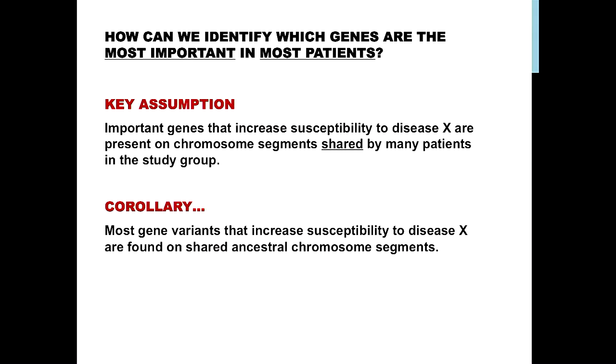I hope that makes sense to you. The corollary would be that most gene variants that increase susceptibility to disease X are found on these shared ancestral chromosome segments. That's an assumption that we make, and we'll go through as we progress through this presentation when that assumption does not hold.